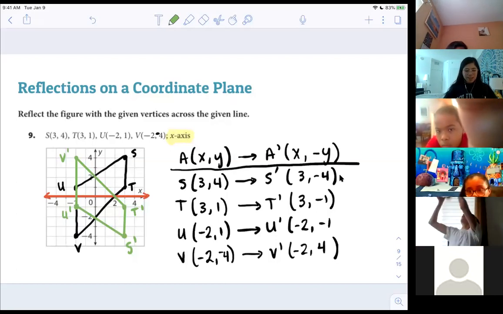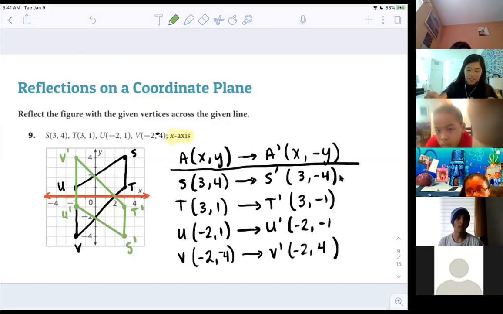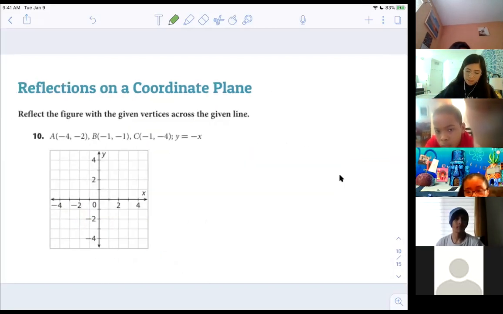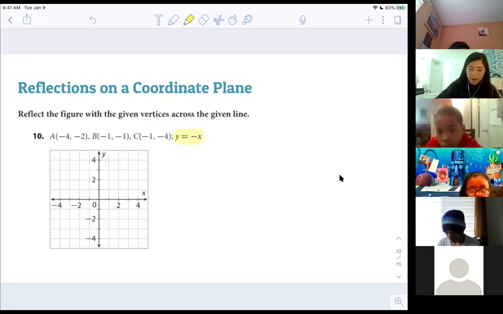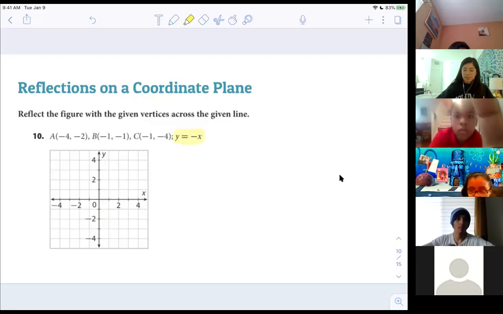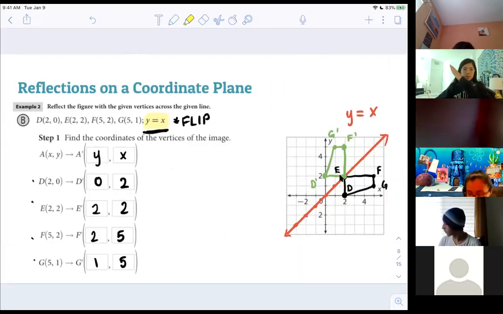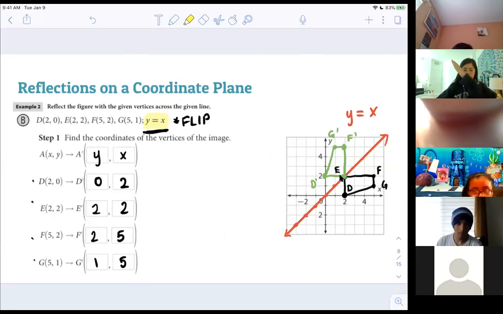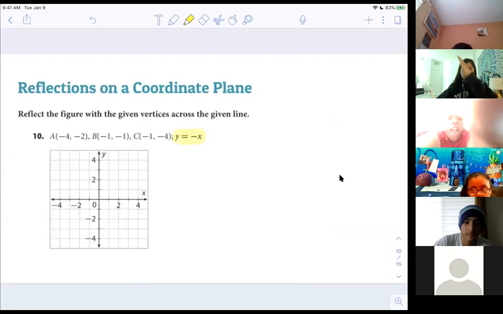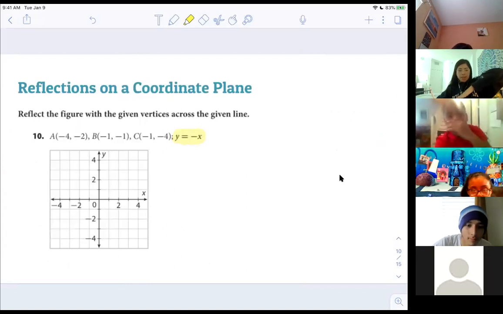Okay, one more. This is our last one. Now you're going to see what a reflection across y equals negative x looks like. So let me go back really quick. Y equals x goes up, right? This is a positive line. Y equals negative x is going to be the same thing, but going down, going negative.